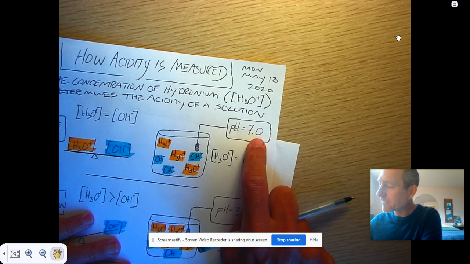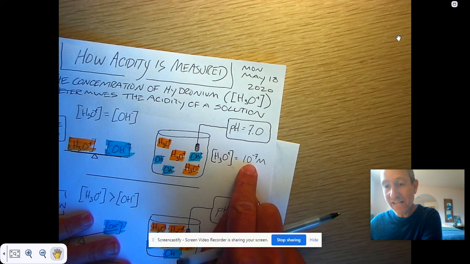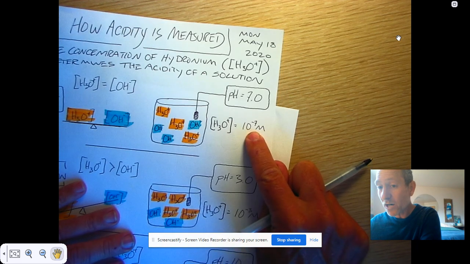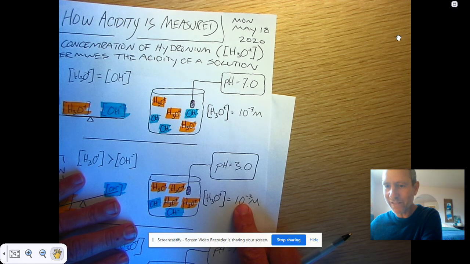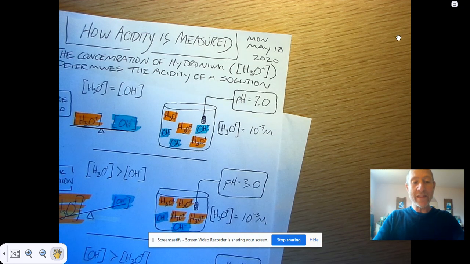That's because the hydronium ion concentration of something with a pH of 7 is 10 to the negative 7, and 10 to the negative 7 is smaller than 10 to the negative 3. You have to believe that 10 to the negative 3 is a bigger number than 10 to the negative 7. So that is how acidity is measured.